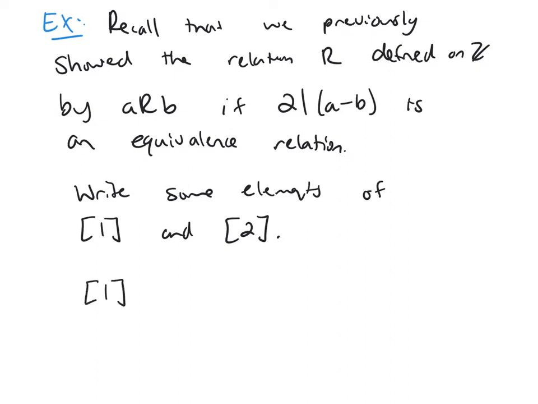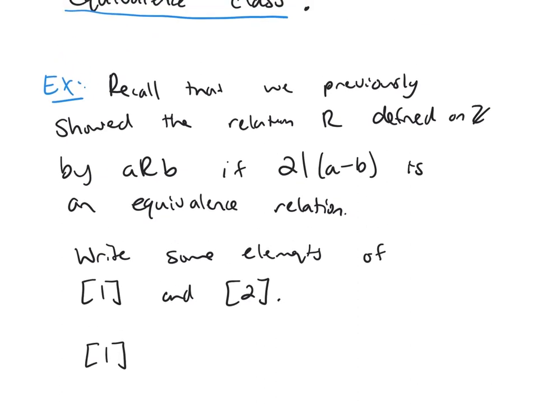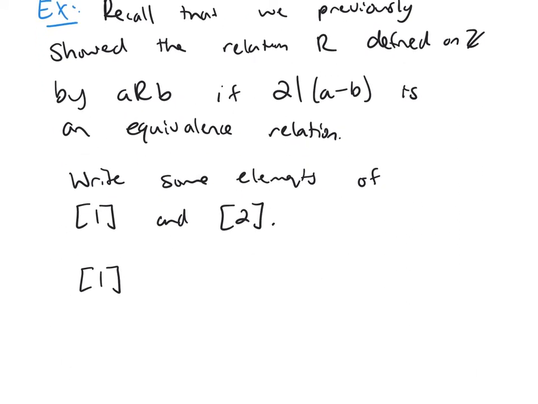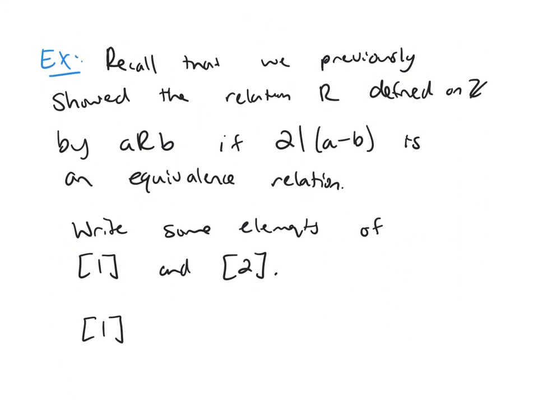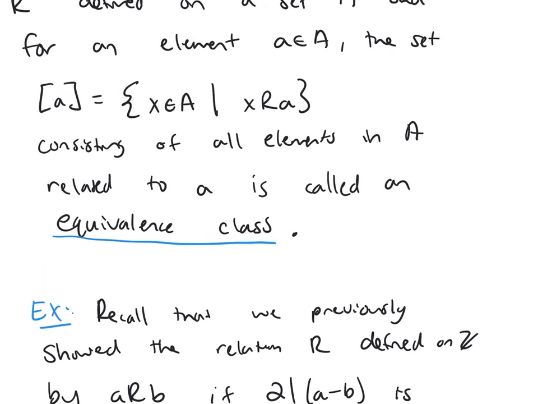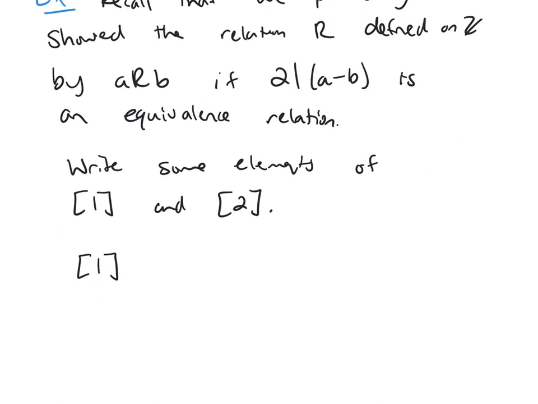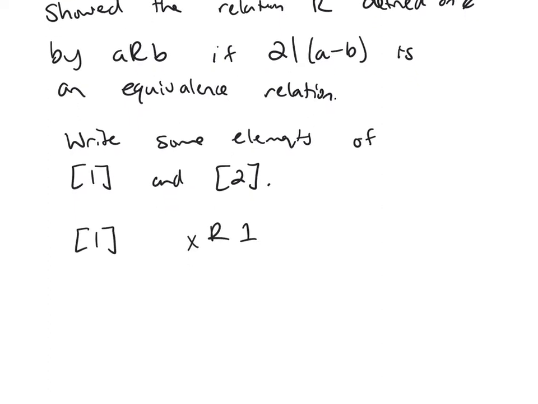What are some elements that are going to be related to 1? So let's look back at our definition of an equivalence class. I need to find some elements x such that x is related to 1. What does it mean for x to be related to 1? It means 2 divides x minus 1.